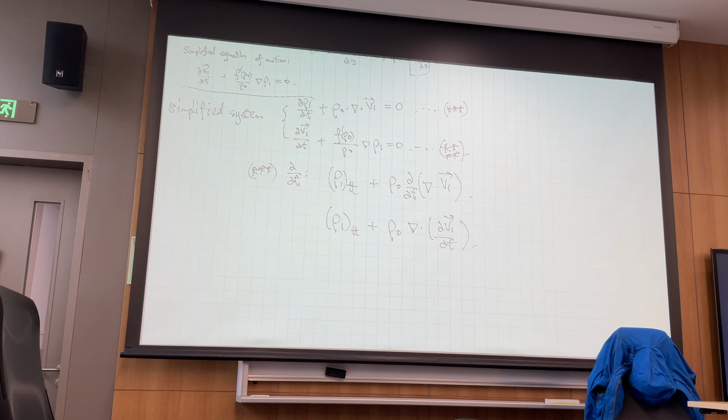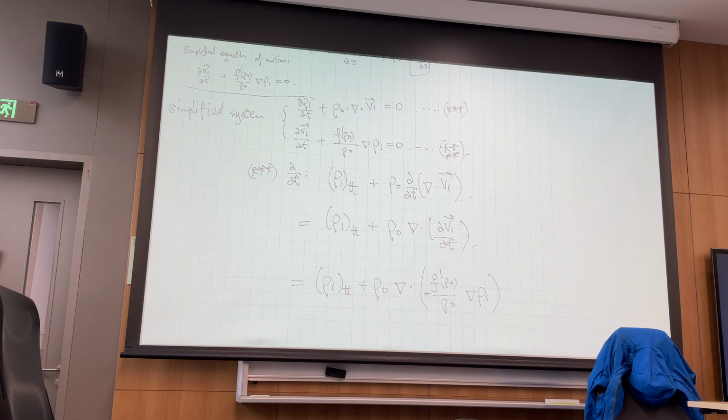And if I plug this equation in, it will become rho 1 tt and then plus rho 0, and then the divergence of, it's going to be f prime rho 0 and the gradient of rho 1. Well, actually negative, right?